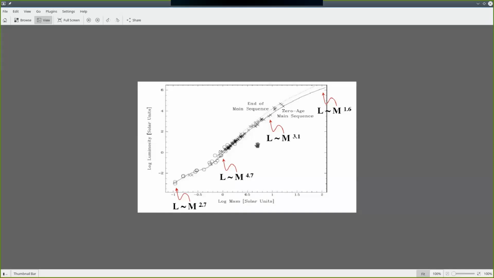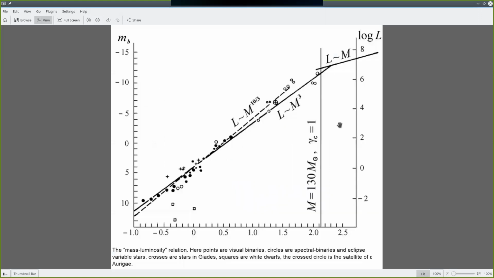But essentially, we notice that for the central part, the luminosity mass relation is more or less cubic, with the highest here put at 100 masses.